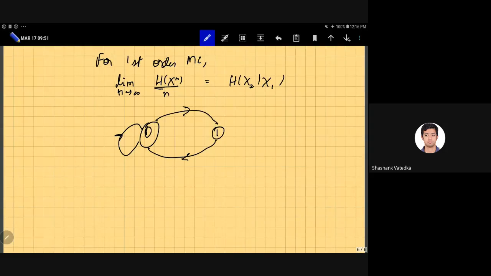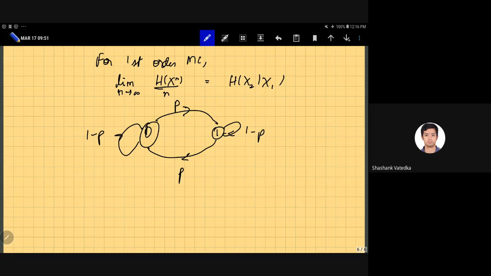Okay, so consider a first order Markov chain where it stays in the current state with probability 1 minus p and transitions from 0 to 1 or 1 to 0 with probability p.